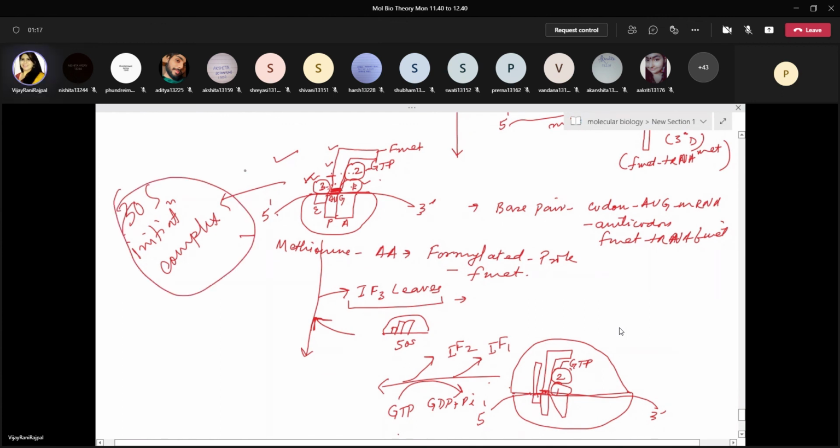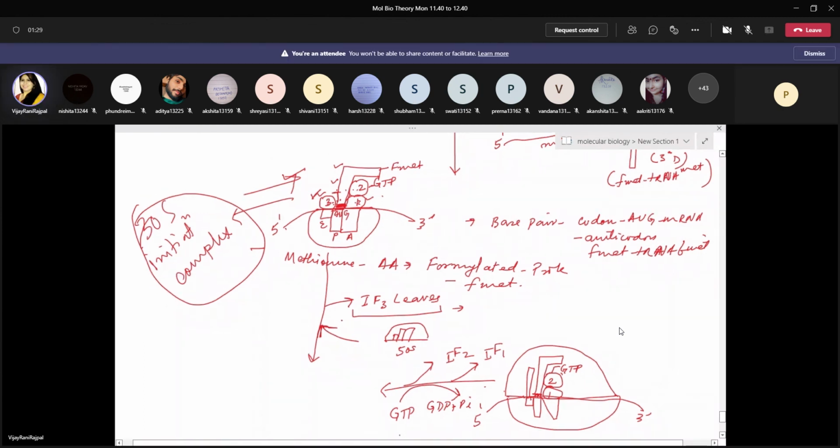This complex is the 30S translation initiation complex in prokaryotes, because mRNA is joined and FMET is also joined. So we are able to form an initiation complex in prokaryotes. Okay, children? Yes.